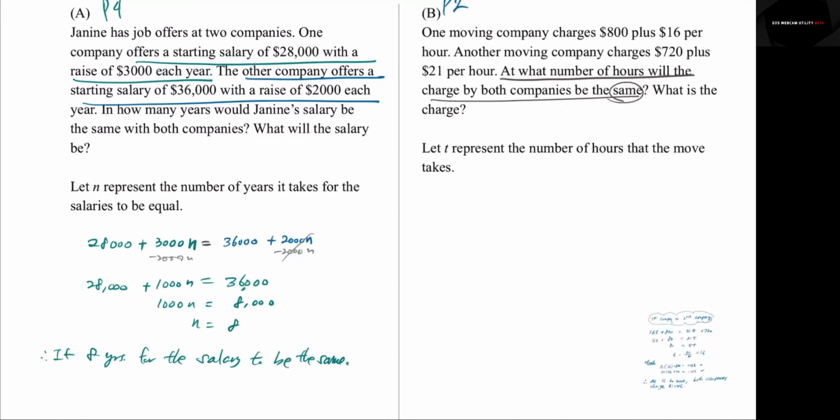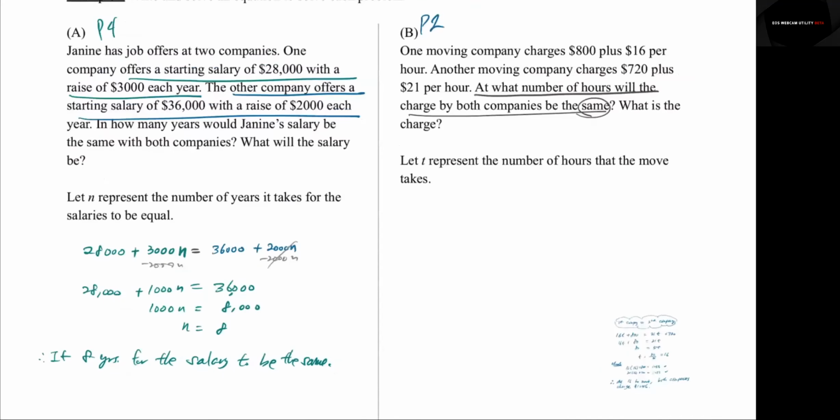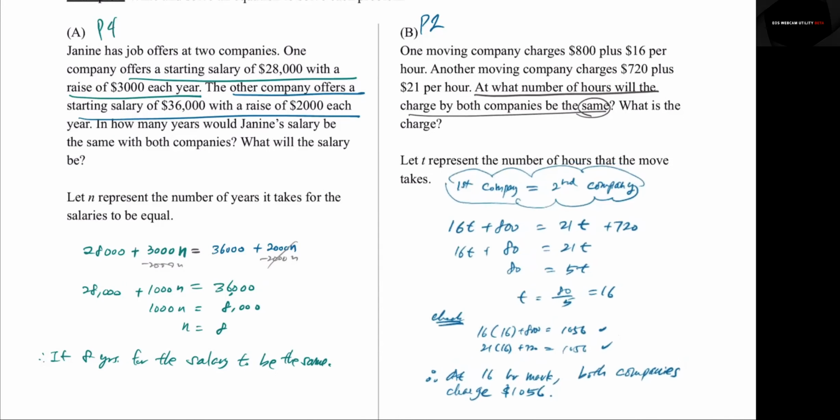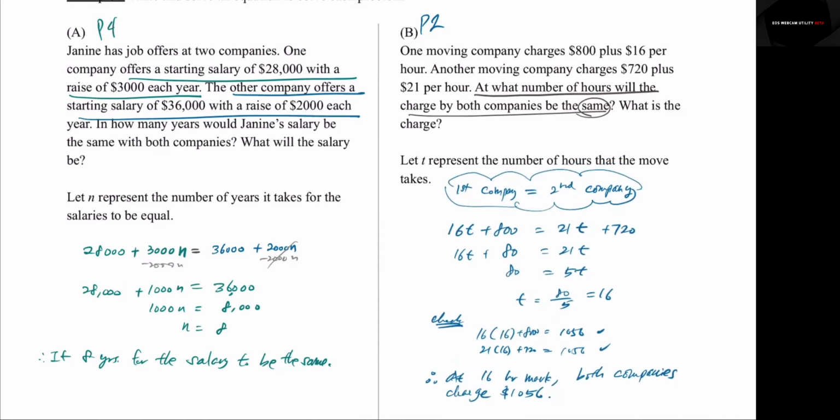And same thing happens with example B. This one I'll just show you the answers. Once again, it goes something like this. We have the first company will be 800 plus 16 per hour. So $800 initially and $16 every hour.